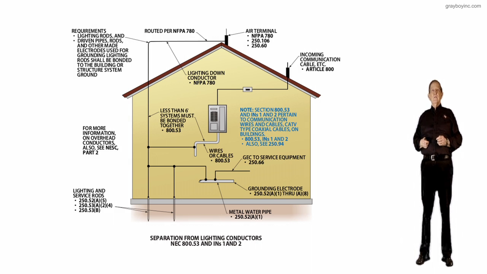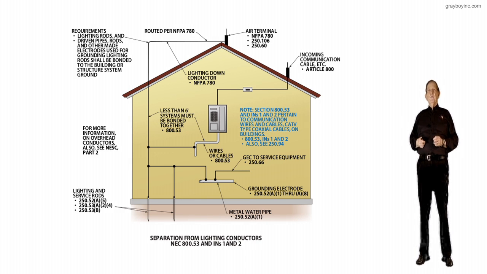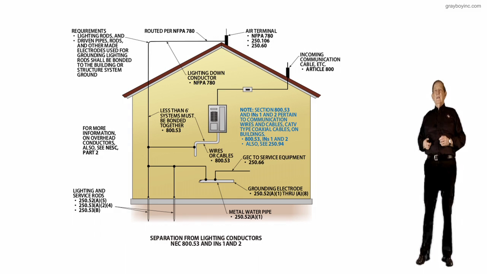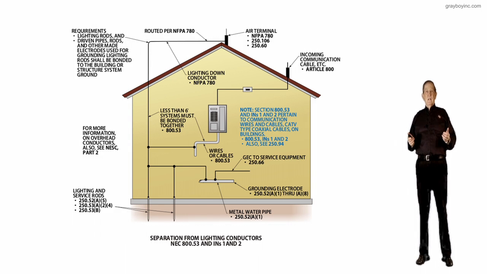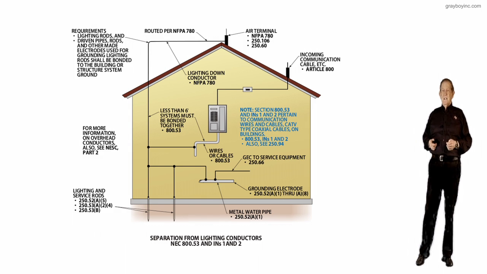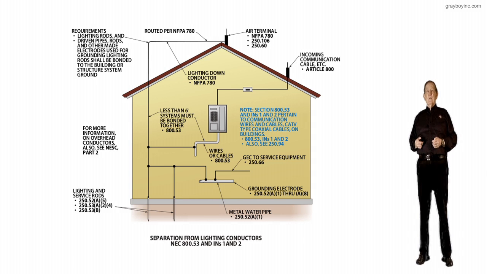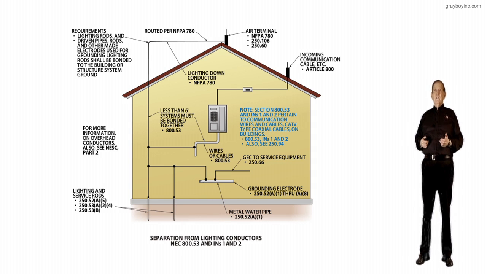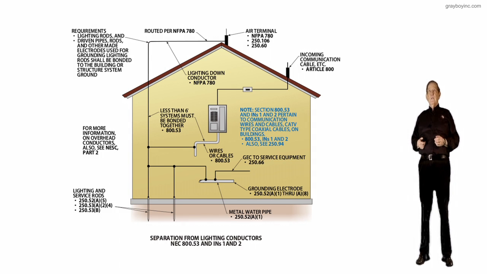And then, of course, secondly, we would want to look at those down conductors. It says lightning down conductors, and notice it's NFPA 780. There's not any NEC rules mentioned there. You have to go to NFPA 780 and also UL 96A.